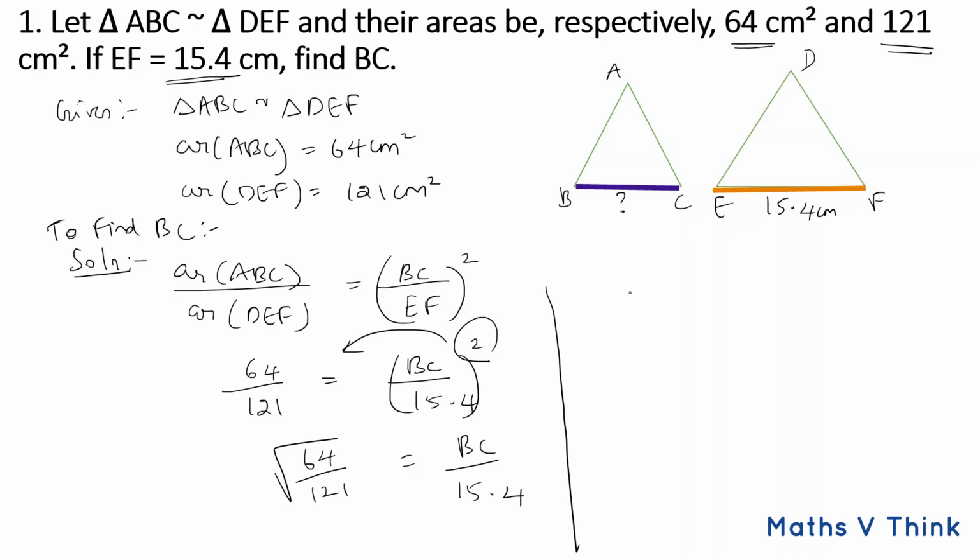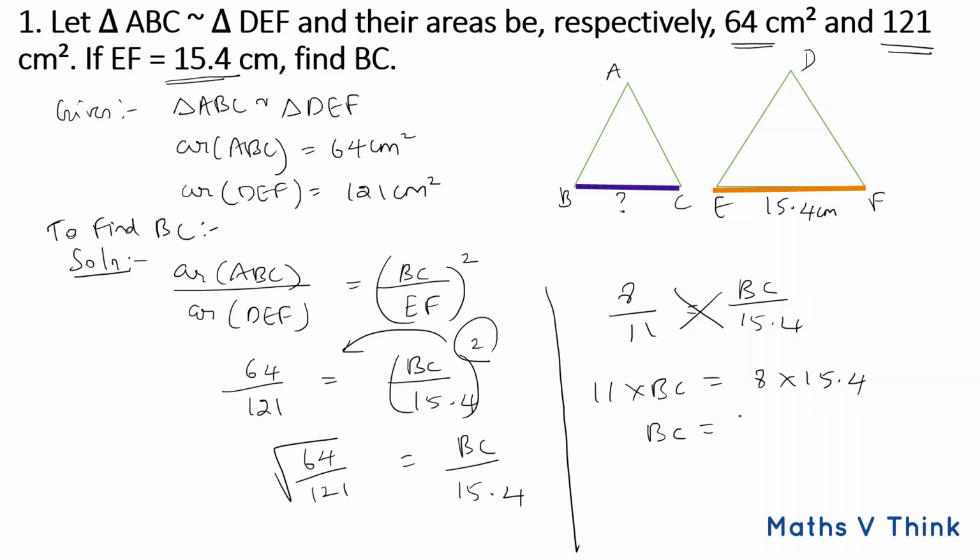Root of 64 is 8, 8 8s are 64. Same way, root of 121 is 11, is equal to BC by 15.4. Now cross multiply. 11 into BC is equal to 8 into 15.4.